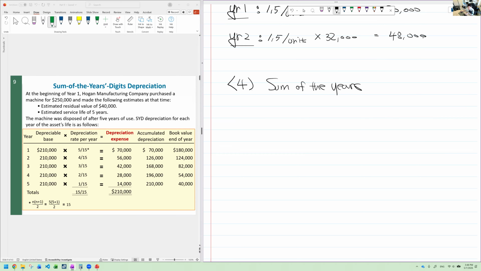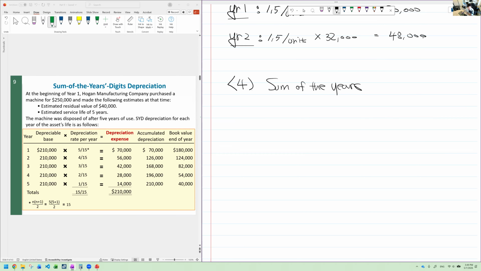To my perspective, this method only exists in the CPA exam, or conceptually. But again, I've never seen a single company that uses this method in the real world. Still, to prepare for the CPA exam, I'm going to discuss how you use this method. I can't even explain the formula in simple English, so I'm just going to use numbers as is.